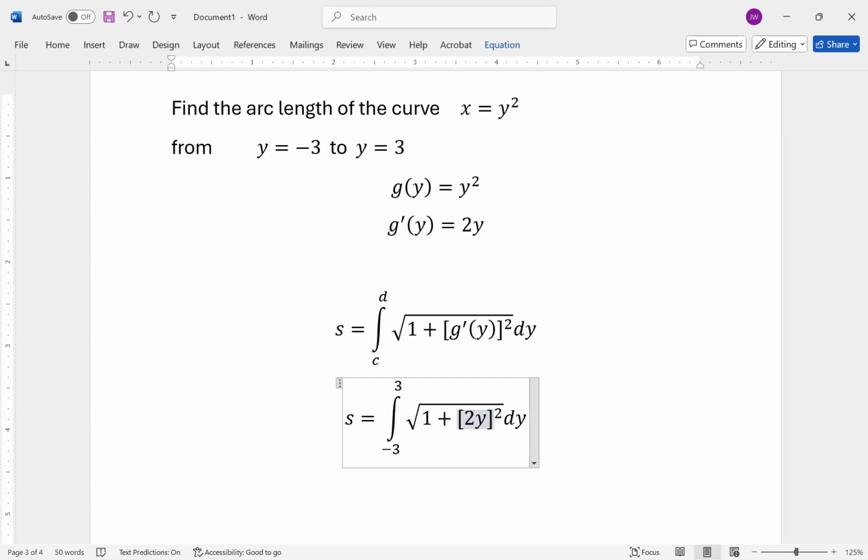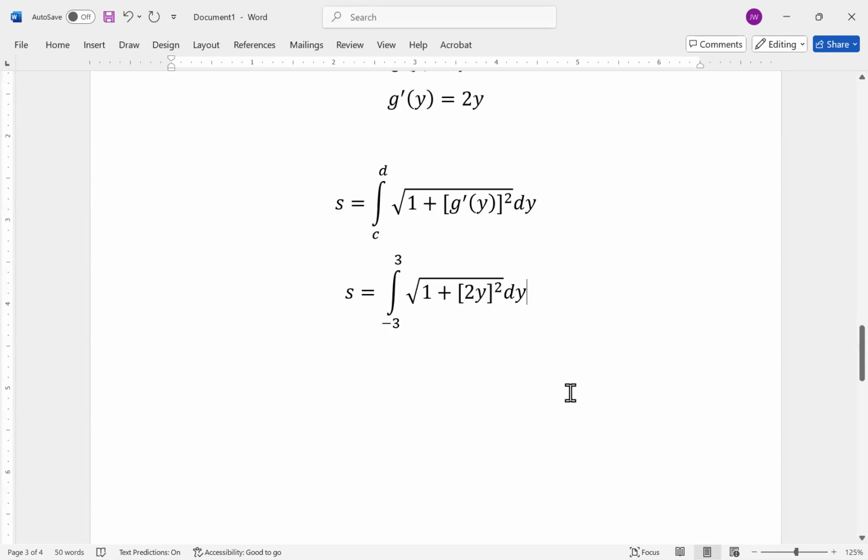Again, I'm just going to utilize my calculator to do that. Hopefully we know how to integrate. It shouldn't be too crazy to integrate this definite integral with respect to y. Again, you can use the variable key if you'd like and use any letter you want when you're integrating.